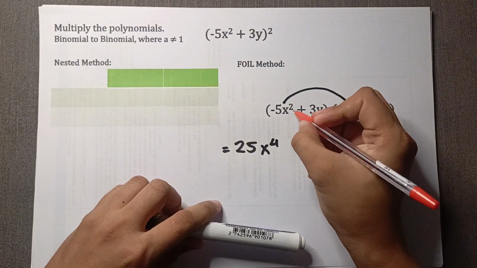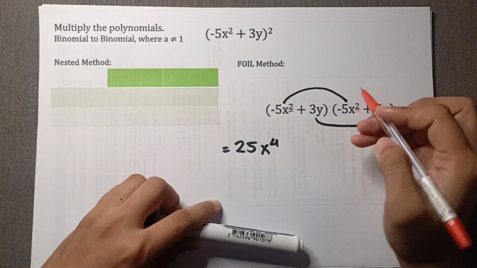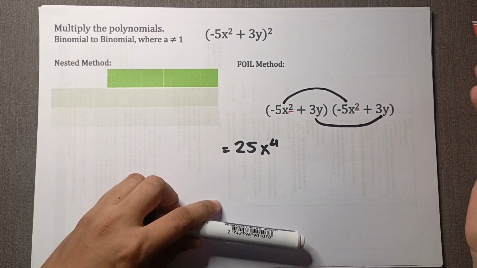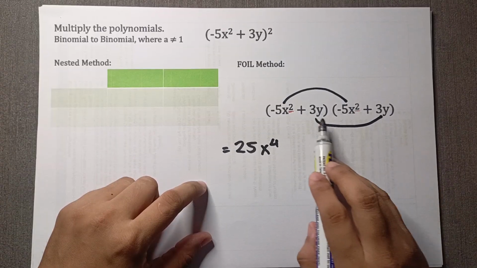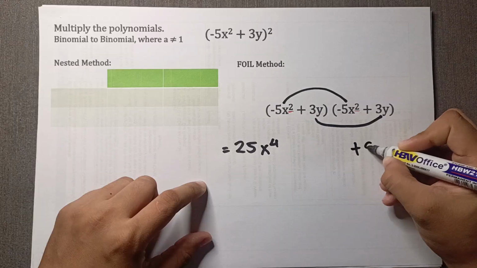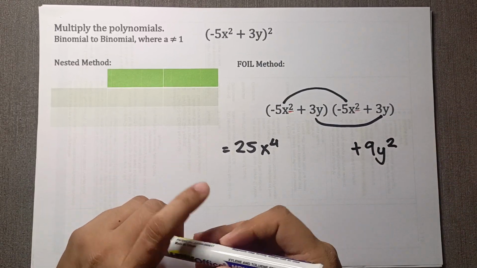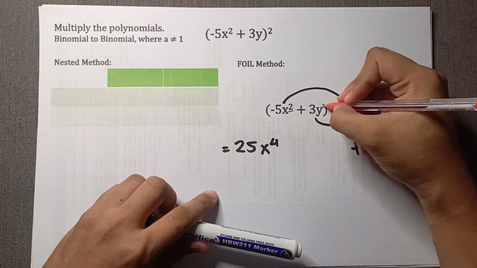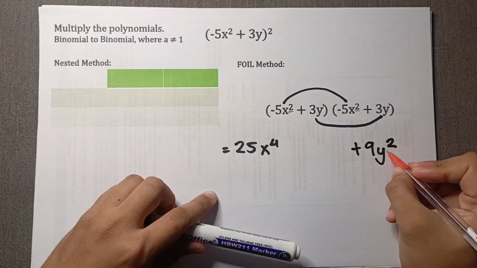So, kapag nag-multiply tayo ng exponents, ang ginagawa natin, we add them, not multiply them. Okay? Next naman, 3y times 3y, that is a positive 9y squared. Don't forget the squared on this one kasi nga, we have invisible 1. Okay? Kaya nakuha natin yung 2.